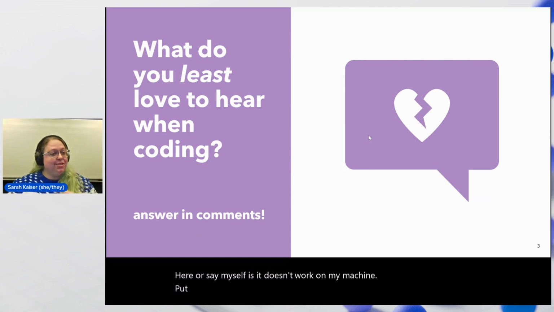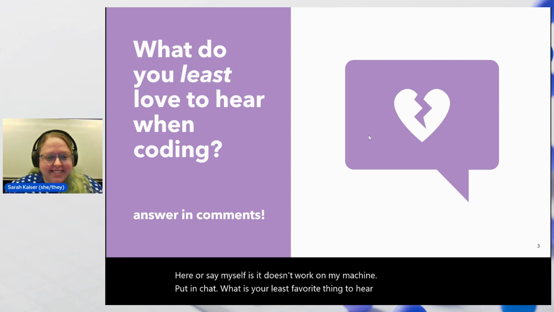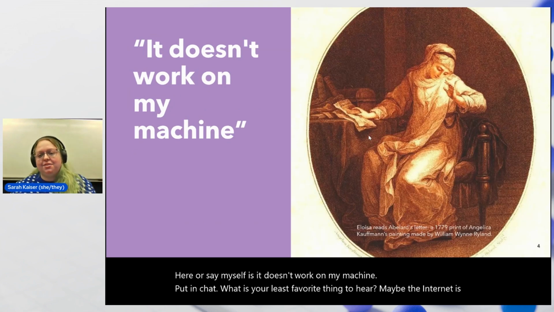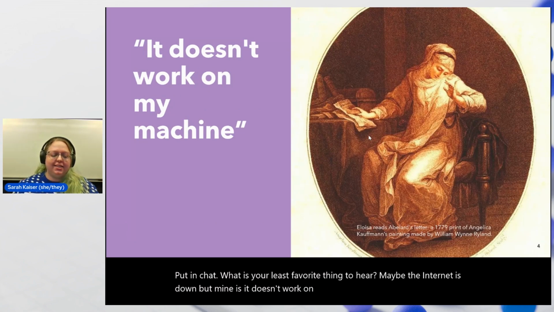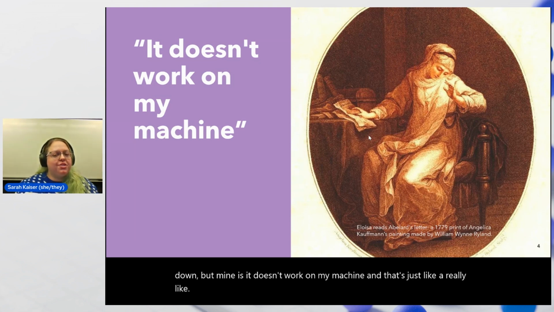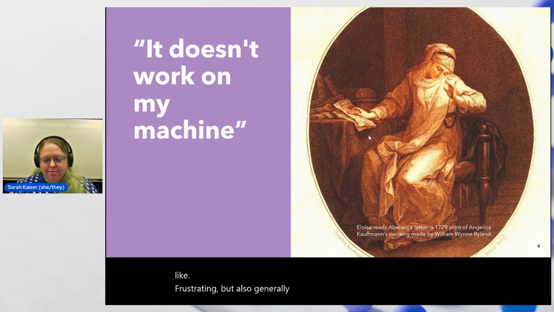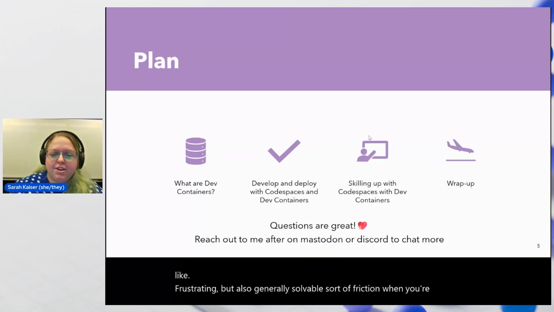Put in chat what is your least favorite thing to hear. Maybe the internet is down. But mine is "it doesn't work on my machine." And that's just a really frustrating, but also generally solvable sort of friction when you're trying to work on different projects.